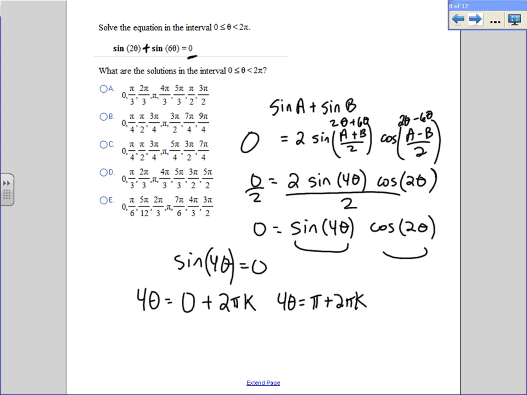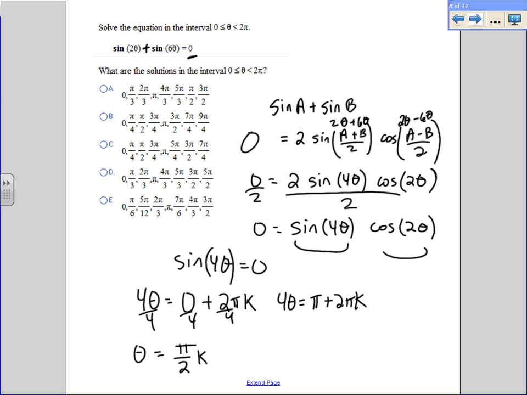Now, we divide both sides by 4. And so now this would give me theta to be equal to 0 there, and so that's just going to go away. 0 over 4 is 0, and then 2 pi over 4 is pi over 2. So it would be pi over 2 times k there.